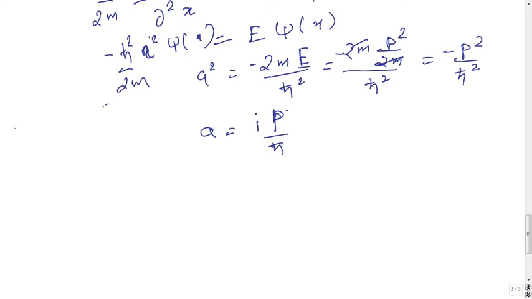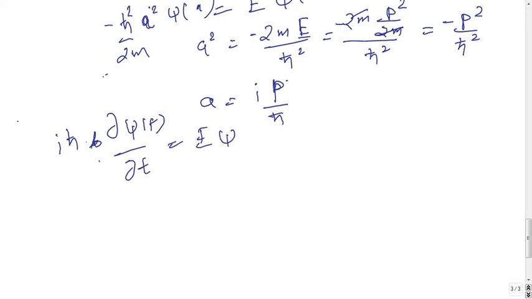Similarly, for the coefficient b, we take the temporal part of the Schrodinger equation, iota h bar del psi by del t equal to E psi. This is the standard procedure of solving a separable partial differential equation.